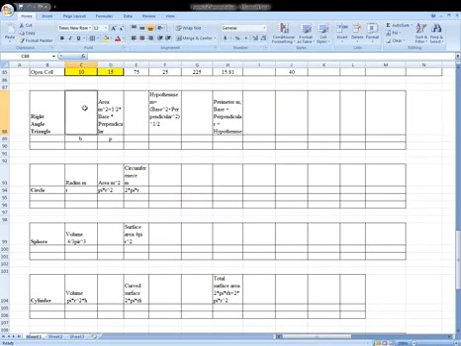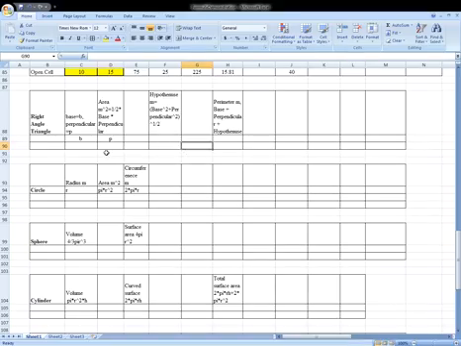I write here base equal to B, and P equal to perpendicular, just for our reference. So base is B and perpendicular is P.